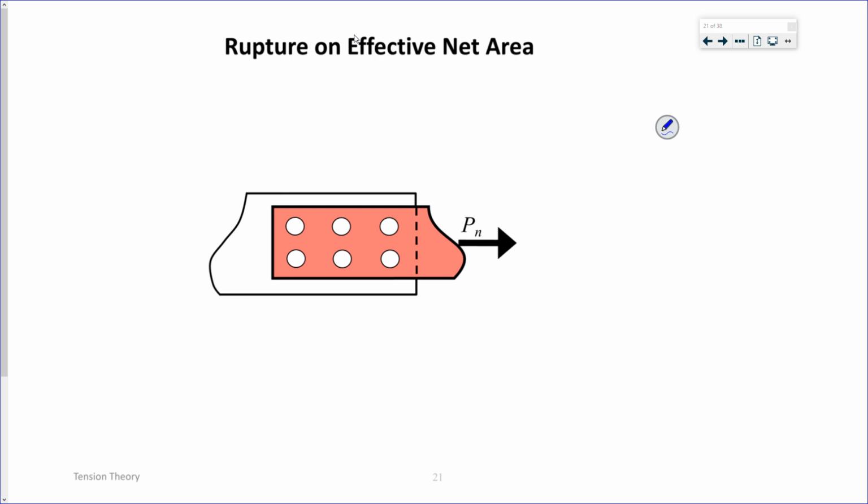So if I've got this connection subjected to a tensile load, the forces are going to transfer from the plate to the bolt.